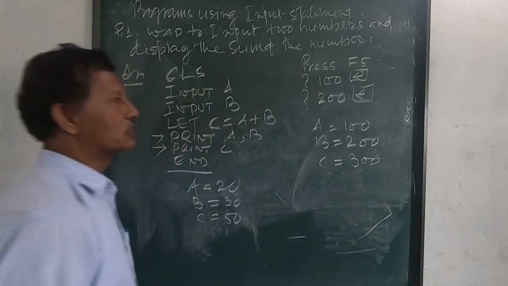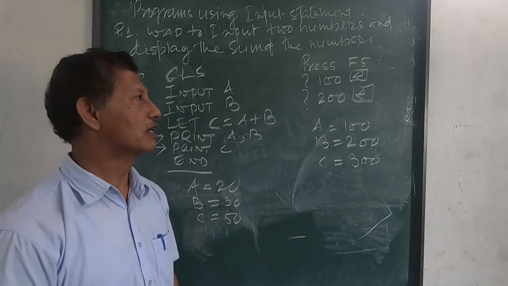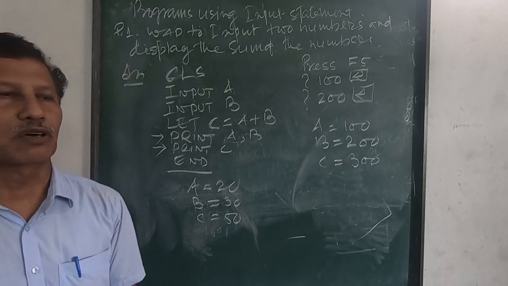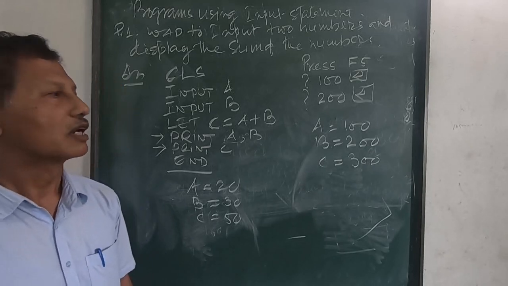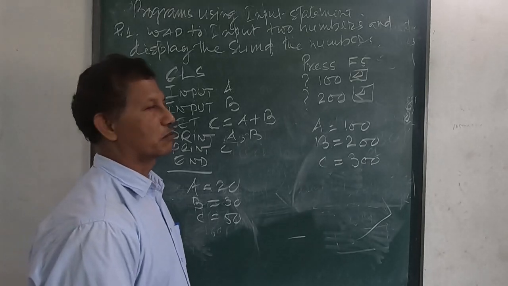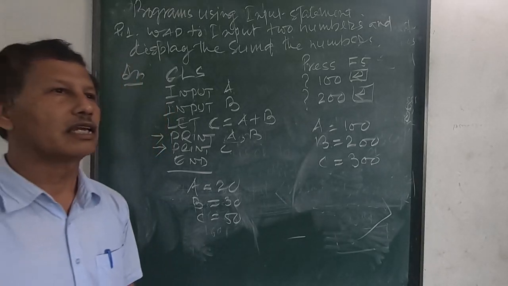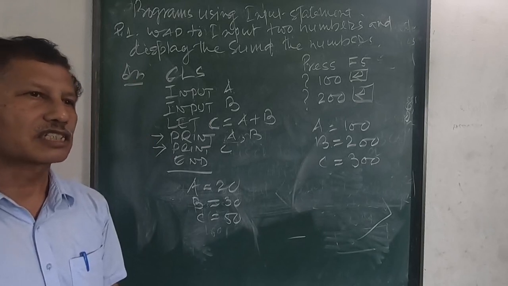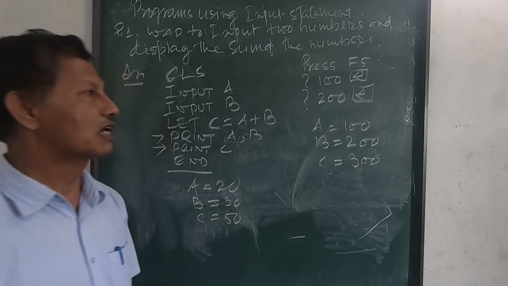300. So what you see in this program is that when we use the input statement, the values are not fixed. You can run the program many times by giving different values to the variables, so you can see different outputs, not like the let statement. In the let statement, you press the enter key once and you get the answer, and next time you press F5 you get the same answer.